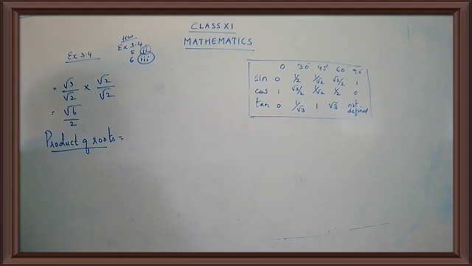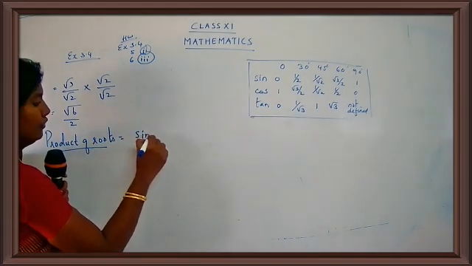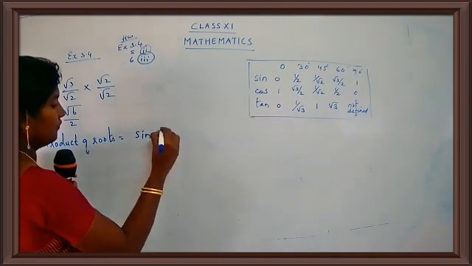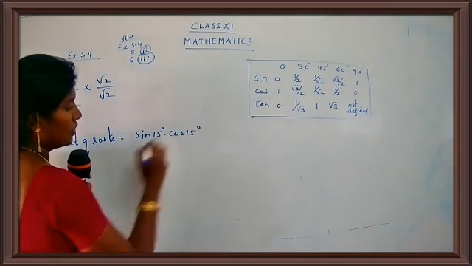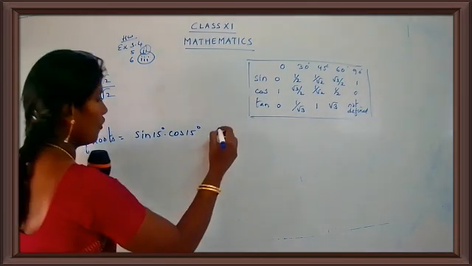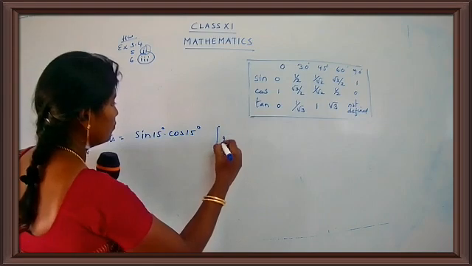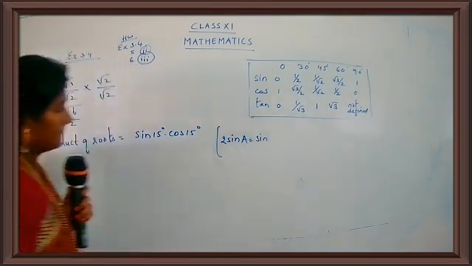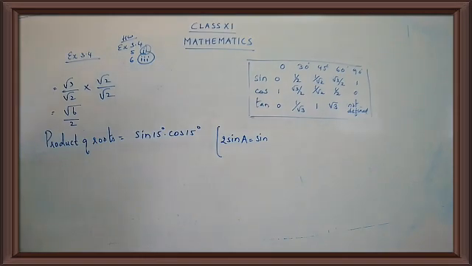So for product of roots, what will you write? Sine 15 degree into cos 15 degree. Now here, children, we have one formula.